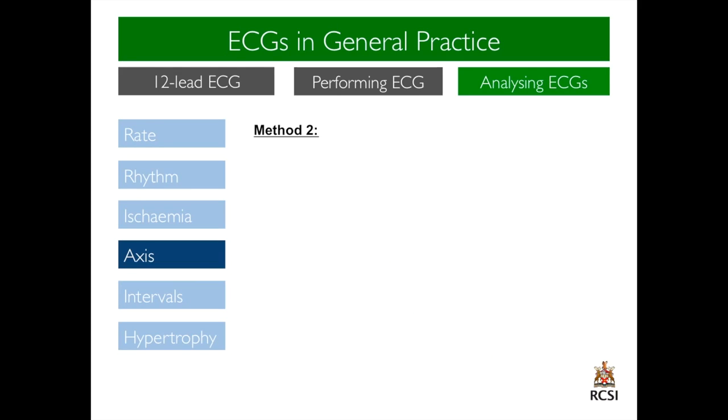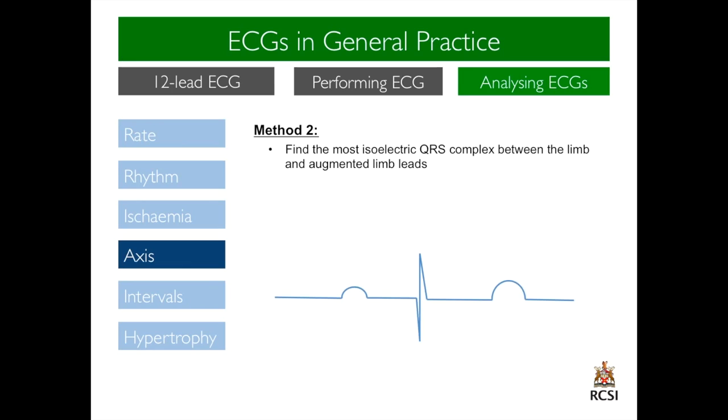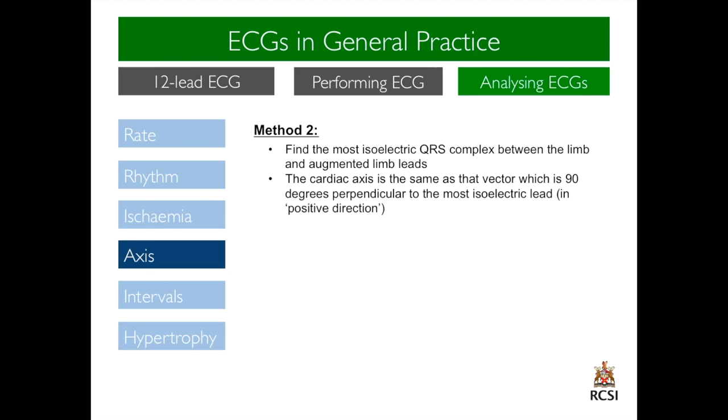The second method for calculating the cardiac axis involves isolating the most isoelectric QRS complex between the limb and augmented limb leads. By isoelectric, we mean that lead in which the R wave roughly equals the S wave. For example, imagine lead AVL is the most isoelectric lead. The cardiac axis is the same as that vector, which is 90 degrees perpendicular to the most isoelectric lead, in a positive direction.